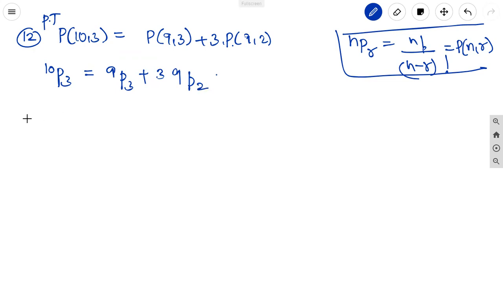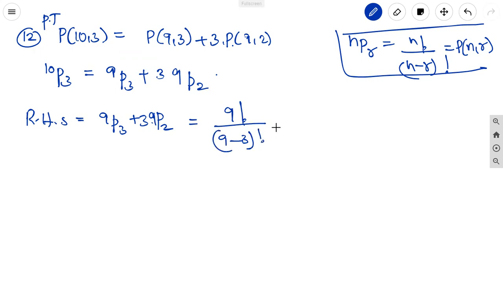Here we can take the RHS. RHS equals 9P3 plus 3 into 9P2. 9P3 is nothing but 9 factorial by (9 minus 3) factorial, plus 3 into 9P2, which means 9 factorial by (9 minus 2) factorial.